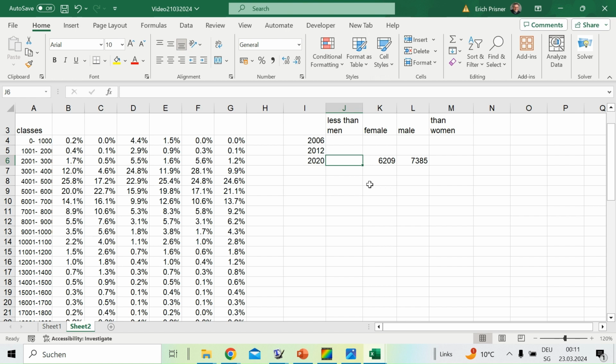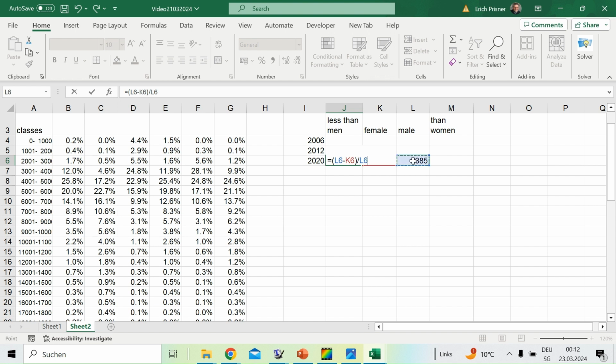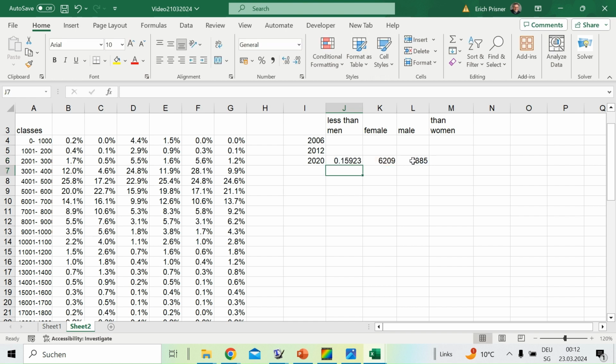So this formula here would be, I'm typing in, open parentheses, I'm doing the difference. So this is this one minus this one. This is a difference of average income, and you divide it by the average income of males. So the difference divided by the male income would be how much females get less than men. So I type this in, and what do I get?